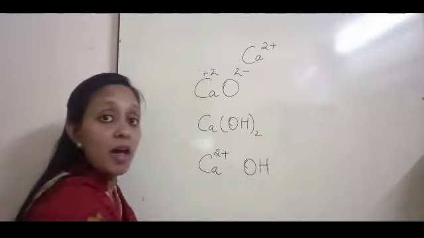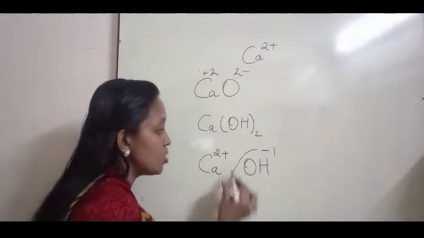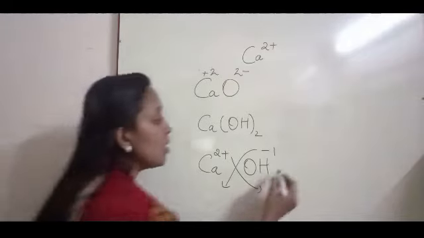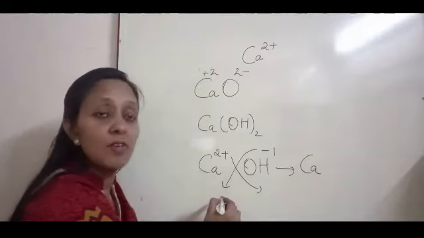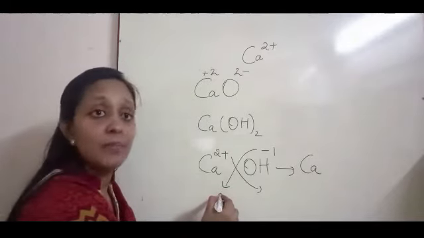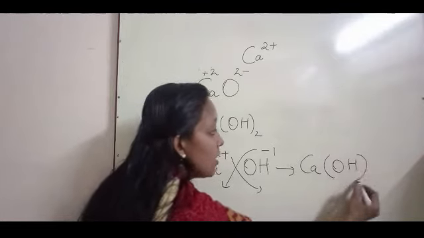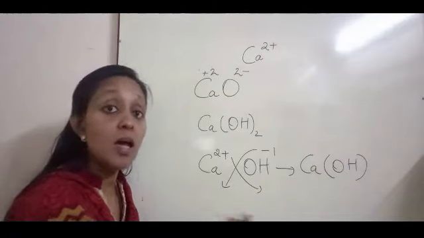Hydroxide ion shows valency minus 1. So after the exchange of the valencies of these radicals, we get the formula as Ca, 1 is given for calcium, and OH should be placed together in a bracket.